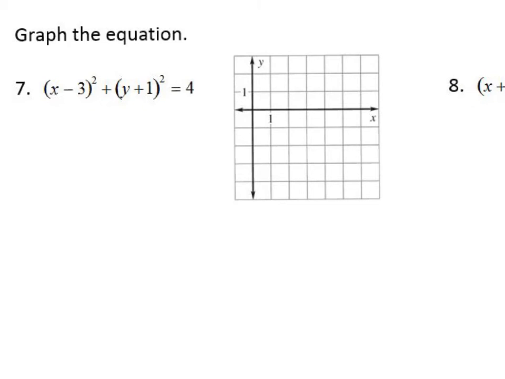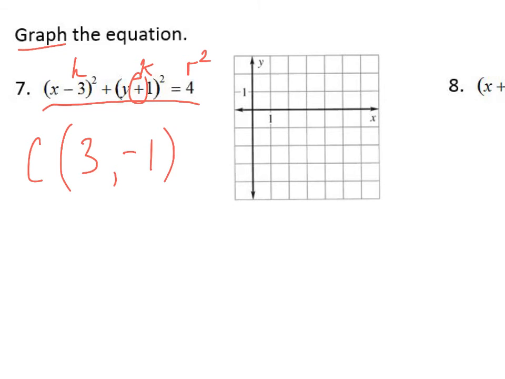Next couple problems, now I actually have to graph the circle based on the equation that I'm given. So remember, this is my h, this is my k, and then this over here is my radius squared. So my center is going to be h, which is positive 3, and k, which is going to be negative 1.